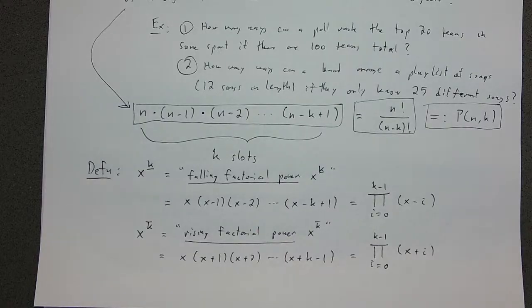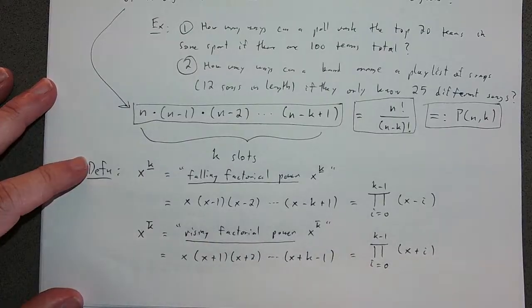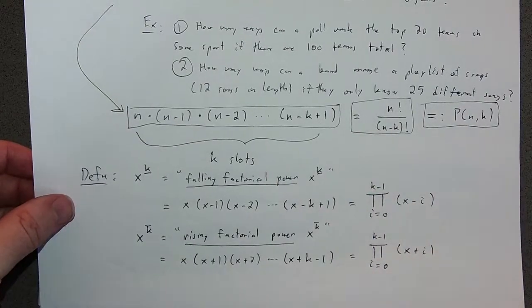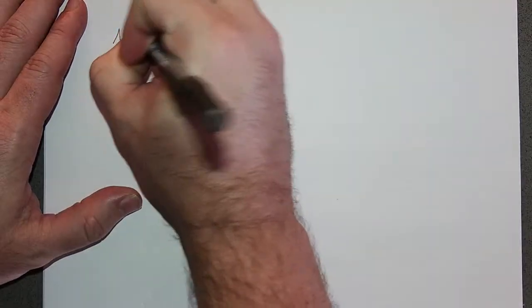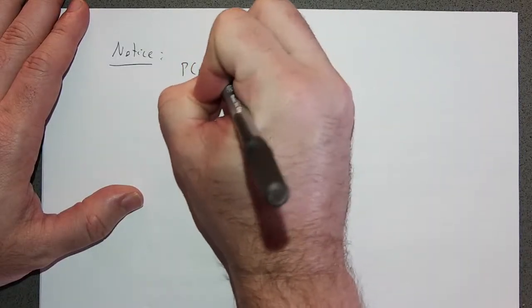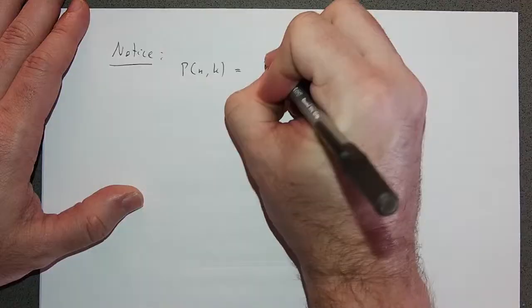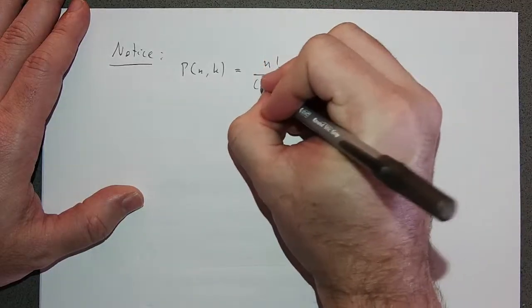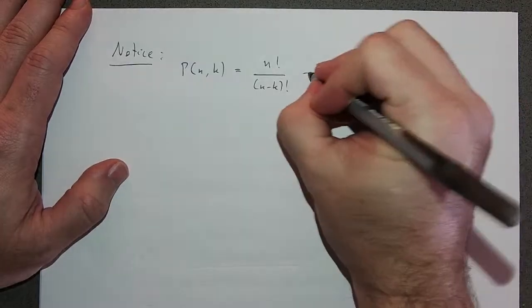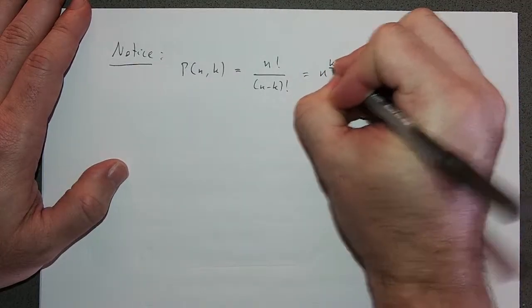So notice a few things here using this notation. Take everything in here. I'm going to use a clean sheet. So notice this, what we were calling P(n,k), which we wrote as n factorial over (n minus k) factorial, is actually just n to the k falling.